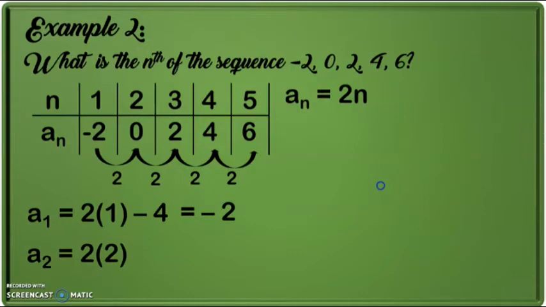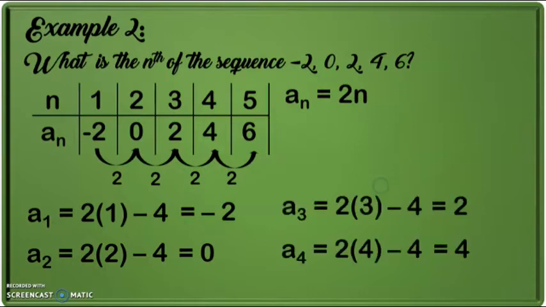For a sub 2, we subtract 4, that will be 0. For the third term and the fourth term, they are just the same with the terms of the given sequence. Likewise, in the fifth term, 2 times 5 equals 10 minus 4 gives us 6.